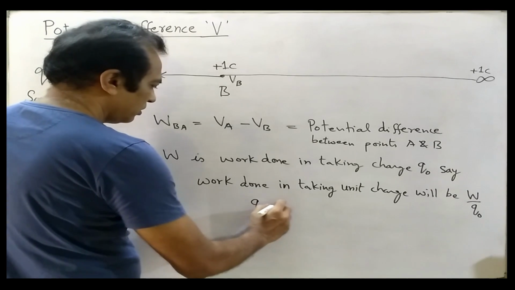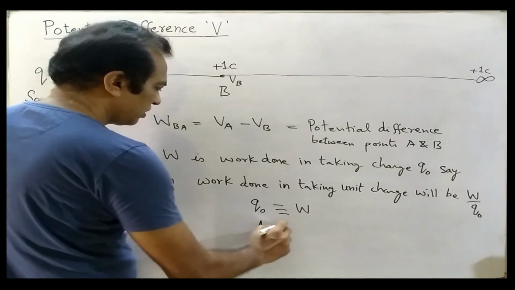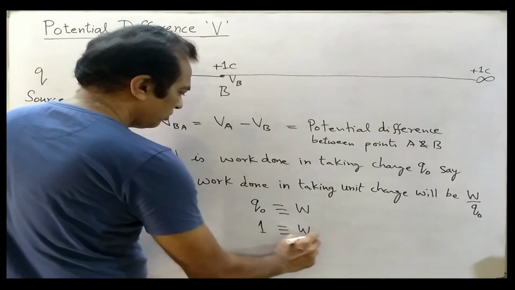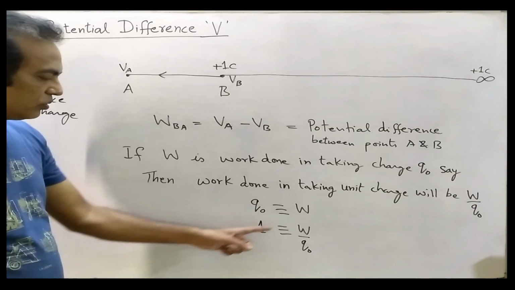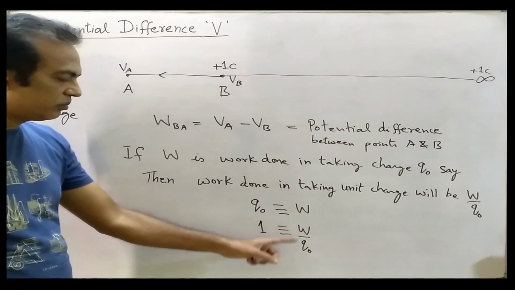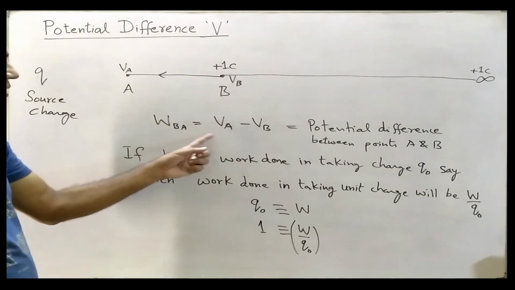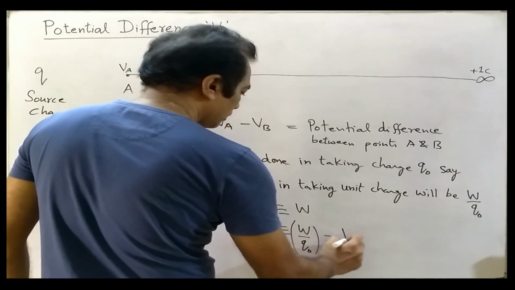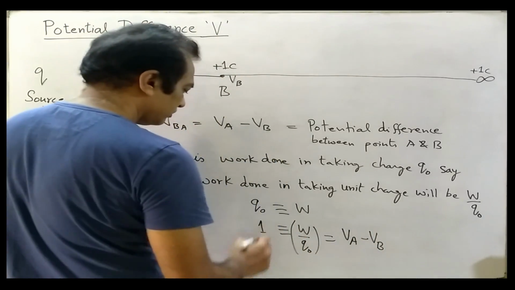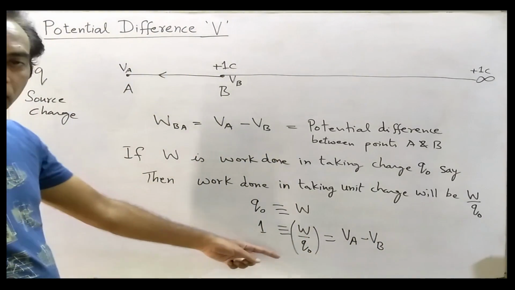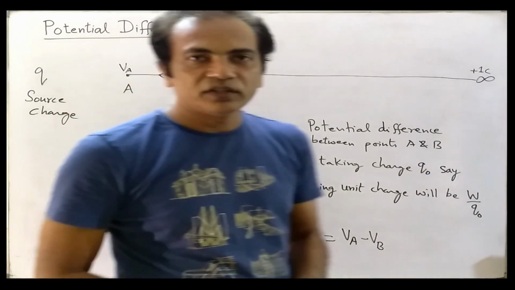If charge Q naught corresponds to work done W, therefore a unit charge will correspond to work done W by Q naught. So what is this work done per unit charge? This is nothing but the potential difference. So that's all about potential difference.